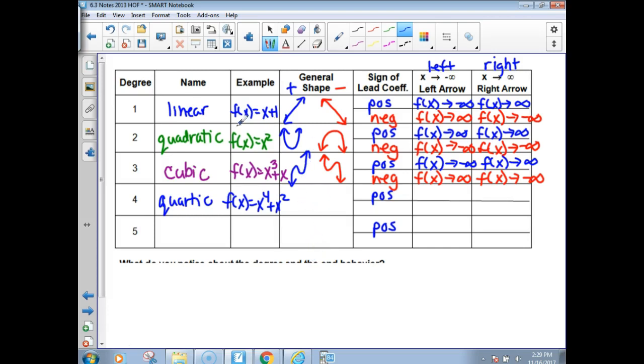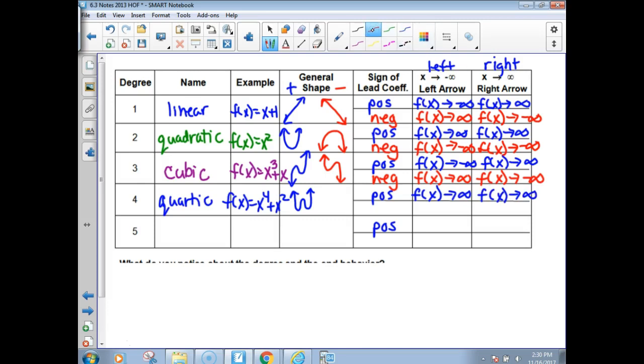Let's see. It's going to do something like the second one, the one with the quadratic. It's going to do like a W, though. It might do a W if it's positive. So if the leading coefficient of a quartic is positive, f of x is going to have up end behavior. So f of x is going to approach infinity on both the right and the left.